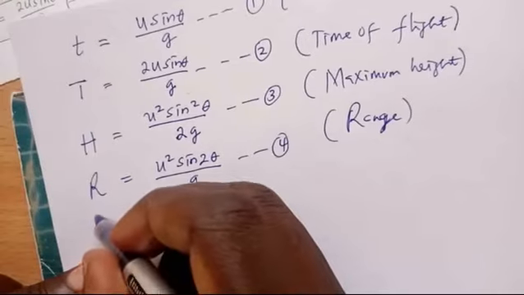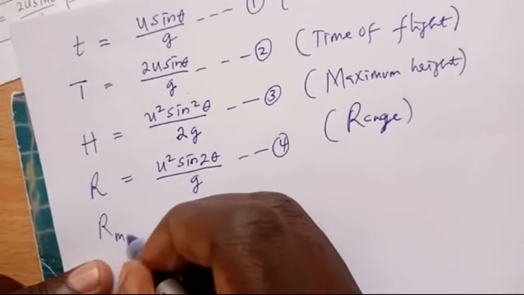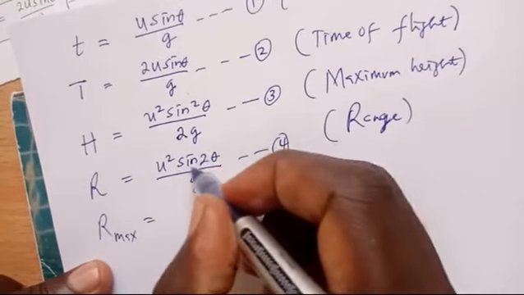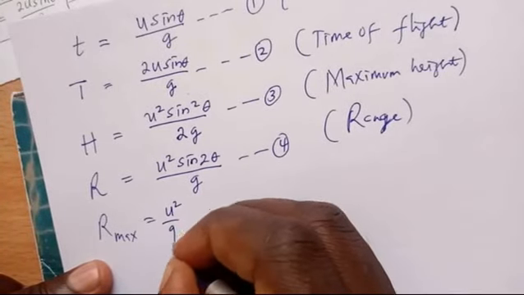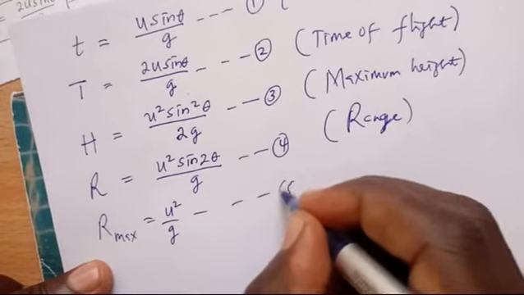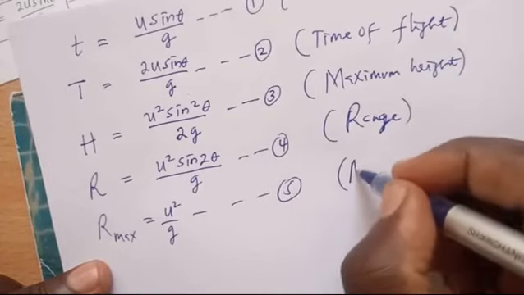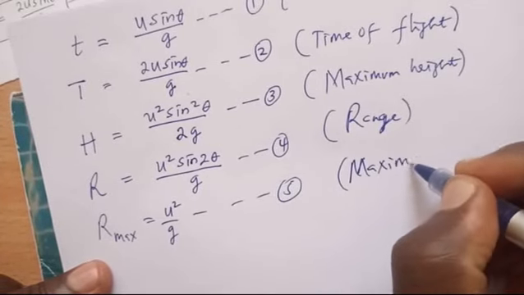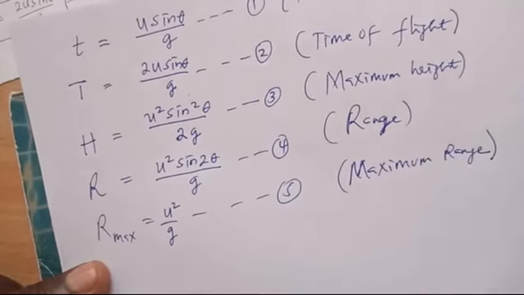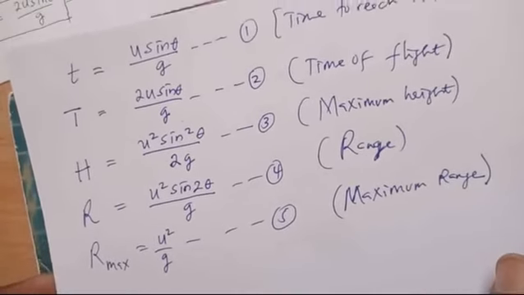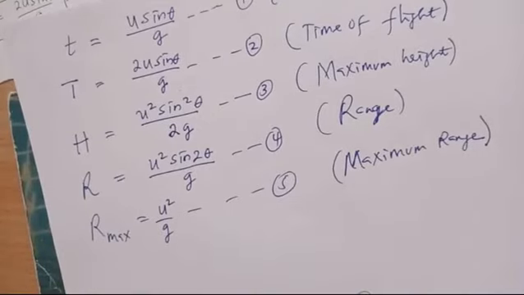Again, if you want to get maximum range, R sub max, you ignore this sine 2 theta and you have u squared divided by g, and this is equation 5, which is for maximum range.